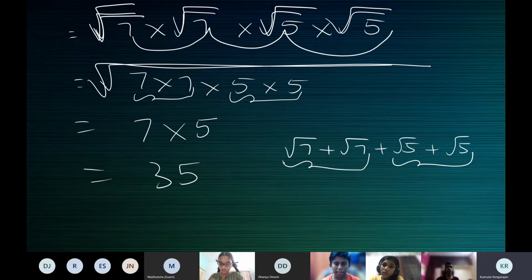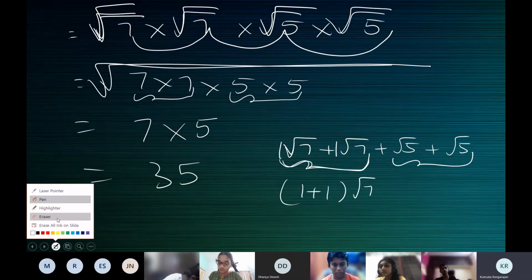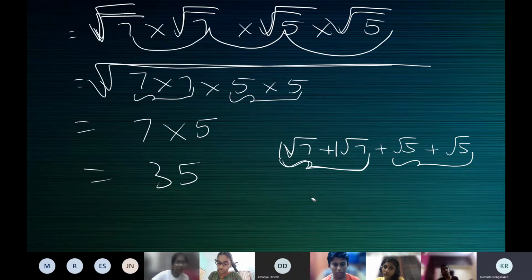Okay, so let's do this one. Root 7 plus root 7. This root 7, I told you, will come out as it is, root 7. So it's 1 plus 1, 1 root 7 is common, so it will be 2 root 7. Similarly, it will be plus 2 root 5.